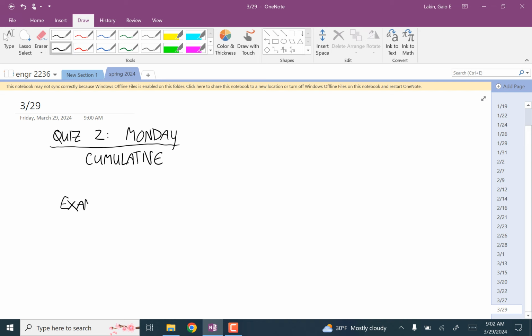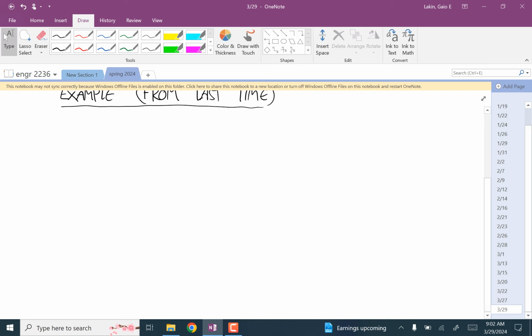Okay, so here's what we're working on. We have this 4-bar linkage.